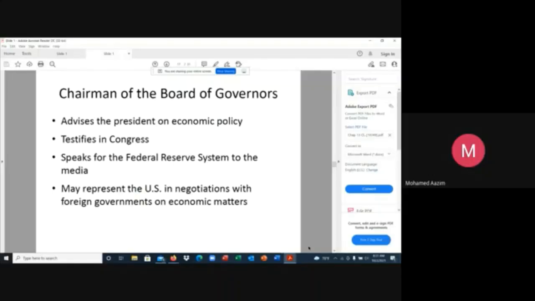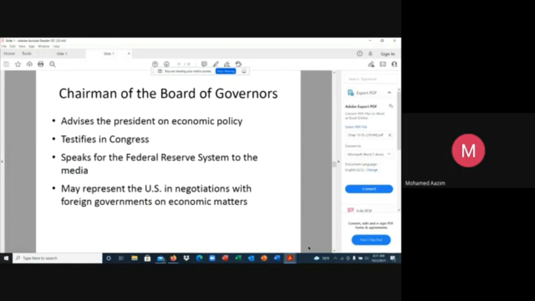They engage with the head of the government, the president, on economic policies, periodically testify in the Congress or the Senate, and often speak and have dialogue directly with the media in communicating the Fed Reserve's decisions.